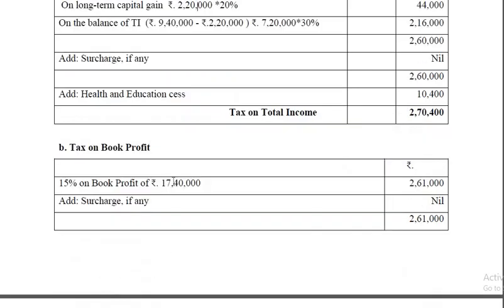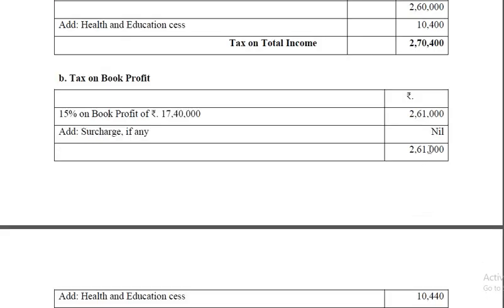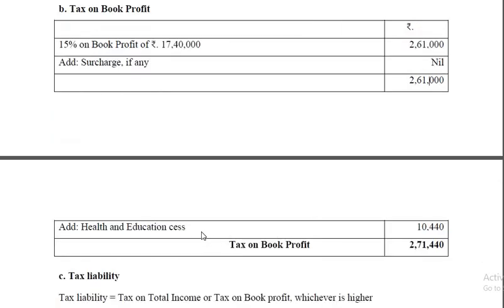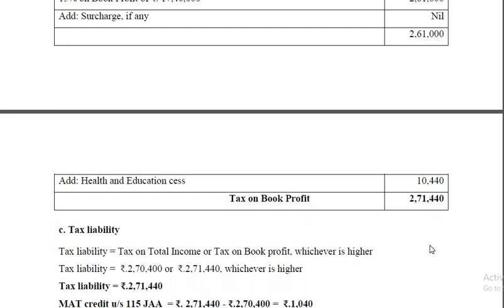Book profit is 17,40,000. On that straight away 15%, that comes to 2,61,000. Surcharge is not applicable here, as I have told you, since total income does not exceed 1 crore. Health and education cess at the rate of 4% comes to 10,440. As a result, tax on book profit is 2,71,440.